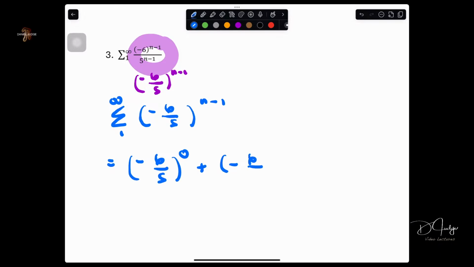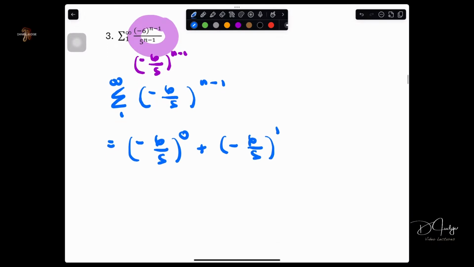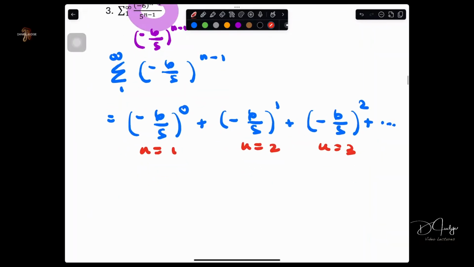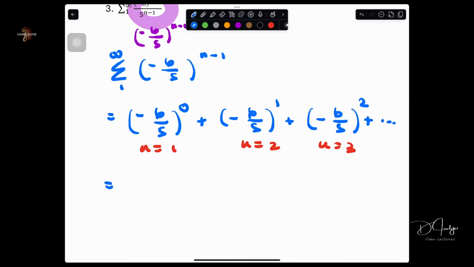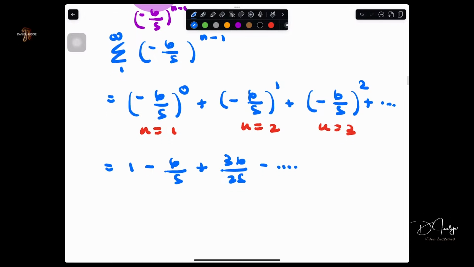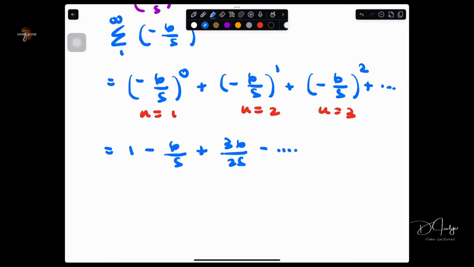Now let n be 2, -6/5 to the first power, n be 3, and you guys get the picture. N is 1, n is 2, n is 3. We're generating terms of the series, which means this is 1 minus 6/5 plus 36 over 25. The next term is going to be negative, but we only need to look at the first 3 terms again.